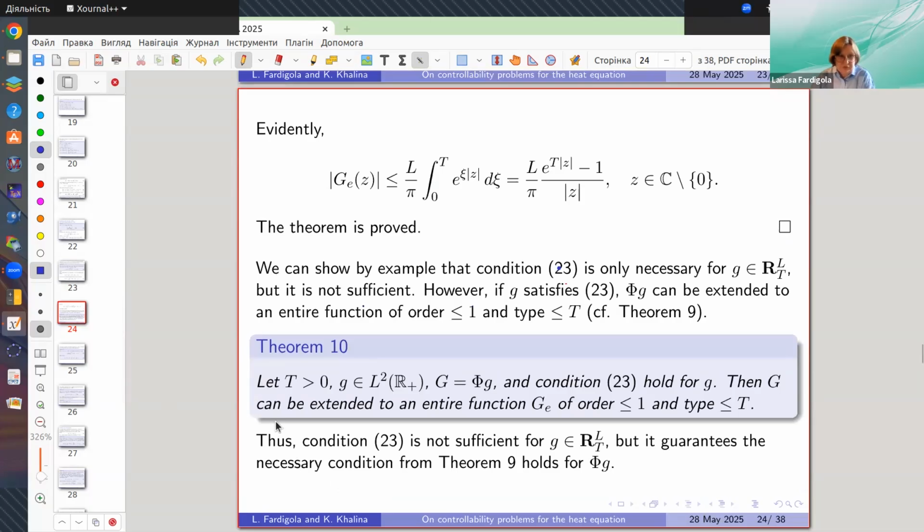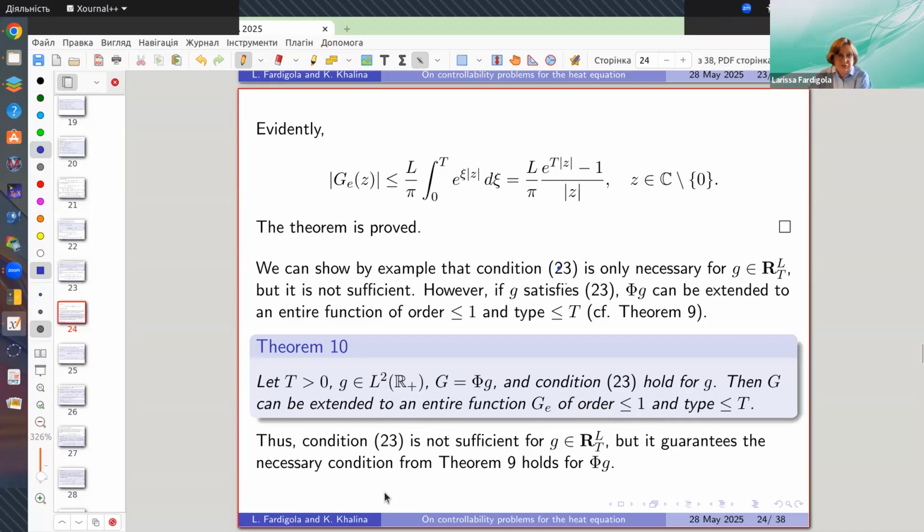We have the following theorem. If G belongs to L2 of R plus, G capital equals phi G, and condition 23 holds for G, then G capital can be extended to an entire function GE of order not greater than 1 and type not greater than t.